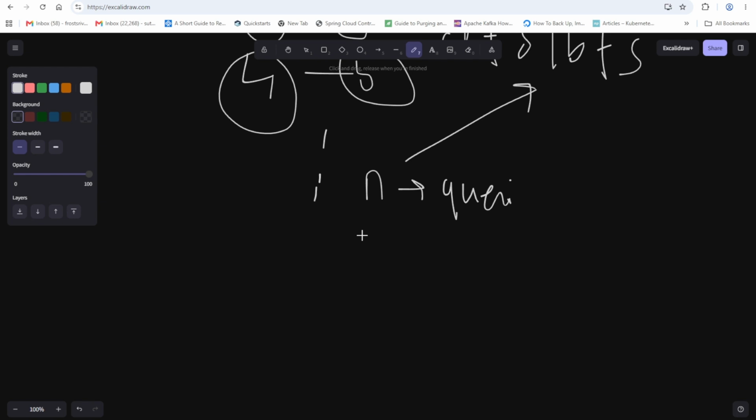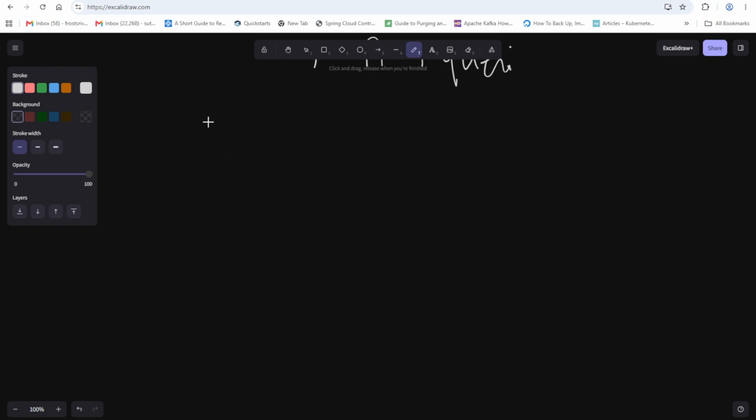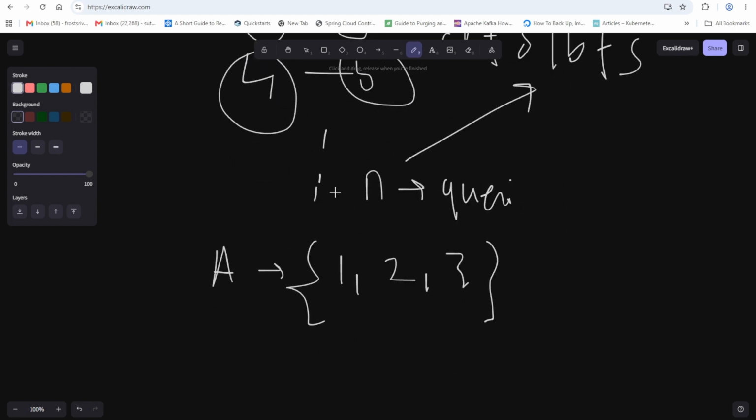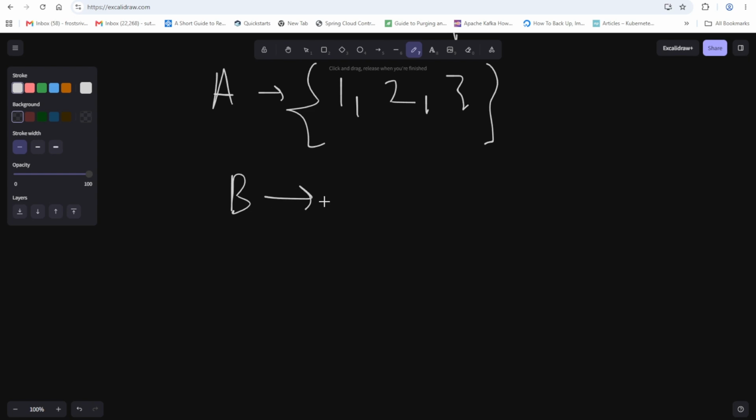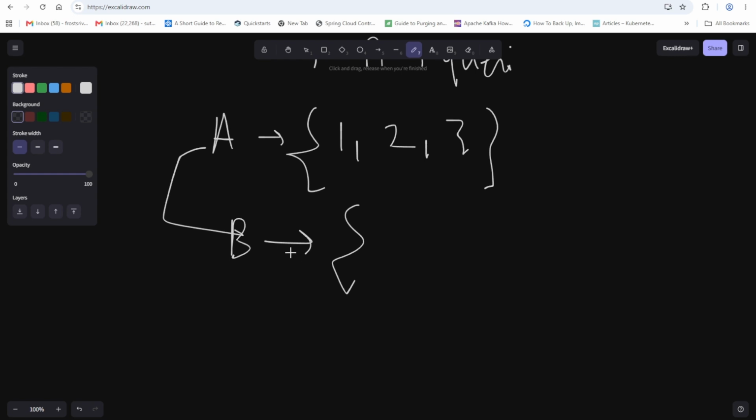So instead, what we can do is, suppose we have something like this, A, and A contains 1, 2, and 3. These are basically these nodes only, 1, 2, and 3. And we have B. A and B are the leaders. So we have one leader A, which contains nodes 1, 2, and 3, and B, which contains all other nodes.